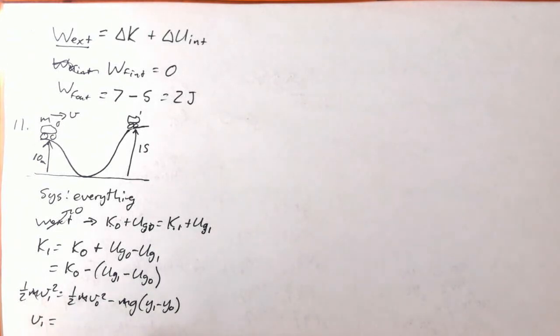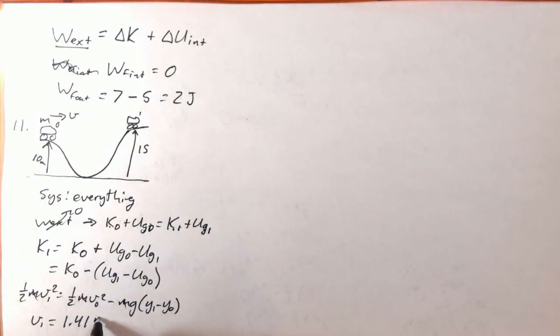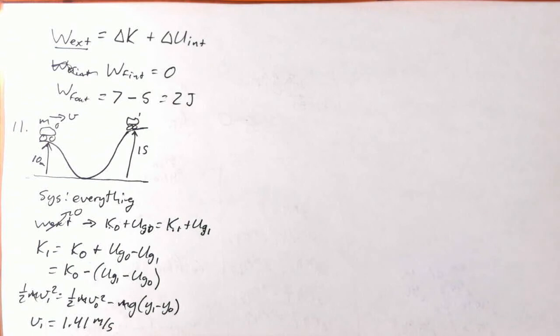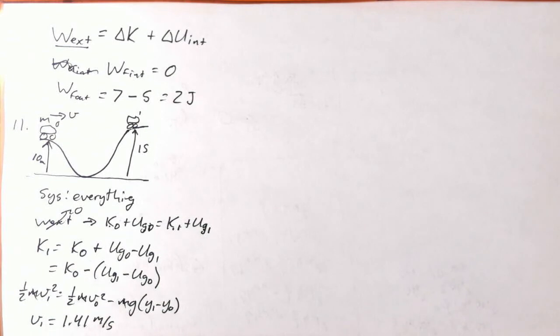But you're going to end up with a velocity of 1.41 meters per second, which seems reasonable for the initial speed of 10 meters per second, and it had to go an extra 5 meters higher than it started. So it should be smaller than the 10 meters, but of the right order.